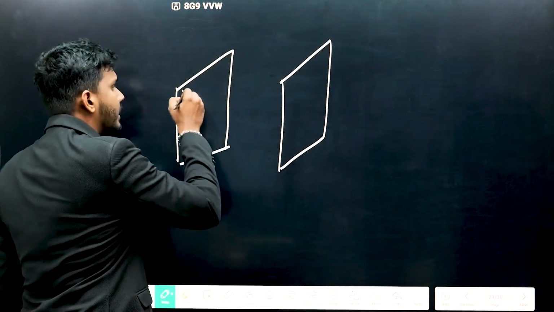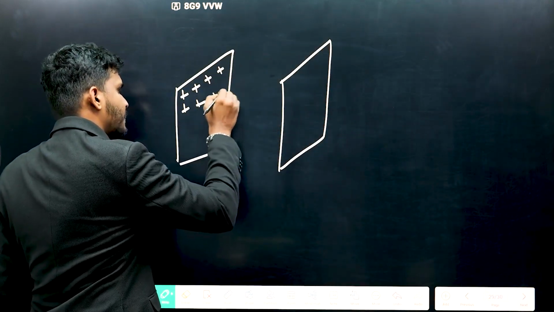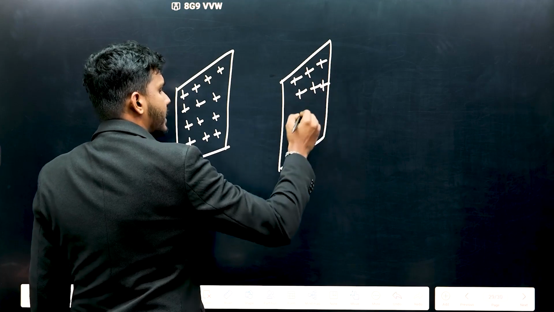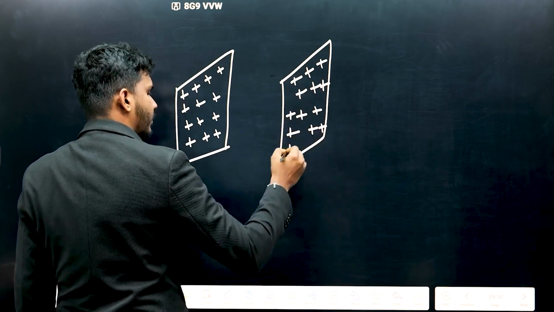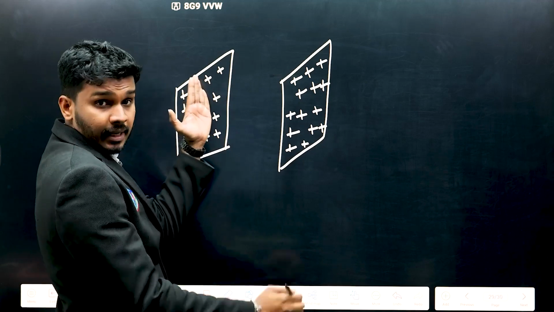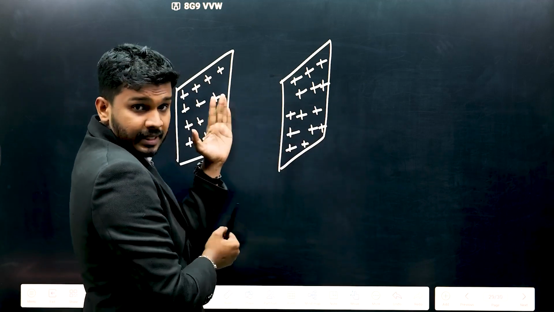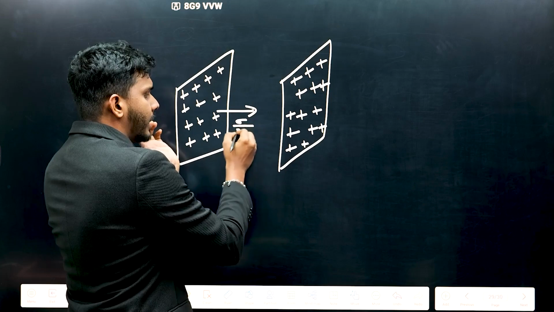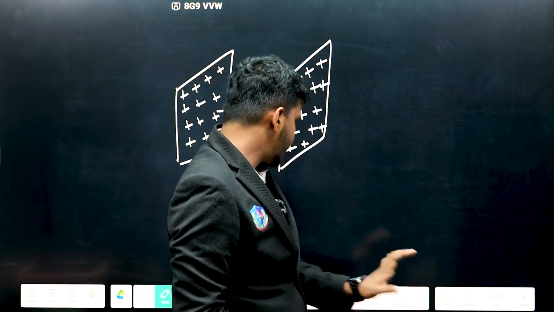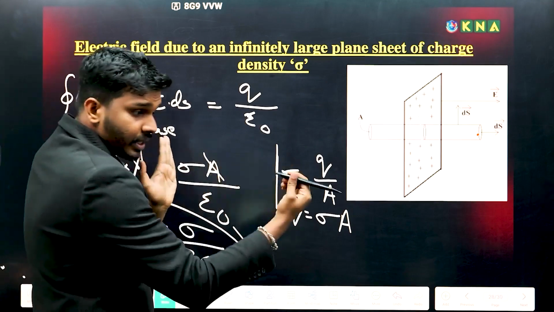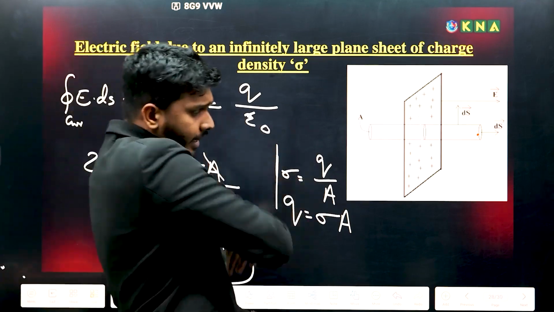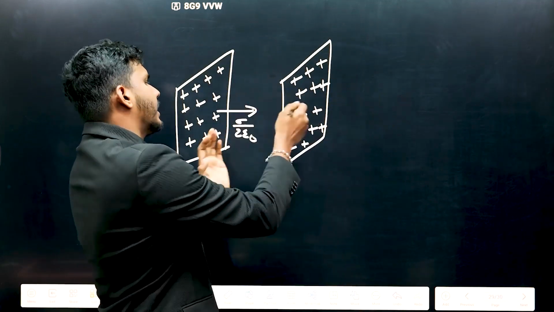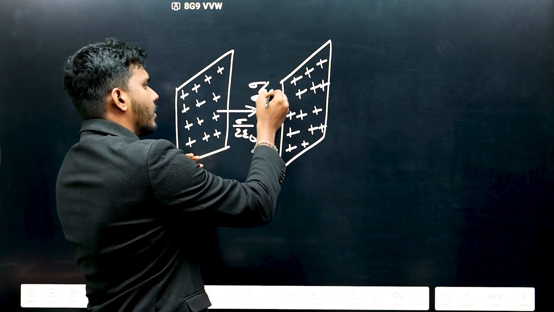So I consider positive charge here, and here is also positive charge, two positively charged parallel plates. Due to this positive charge, away from the positive charge, sigma by 2 epsilon naught is the electric field on one side, and on the other side also sigma by 2 epsilon naught.